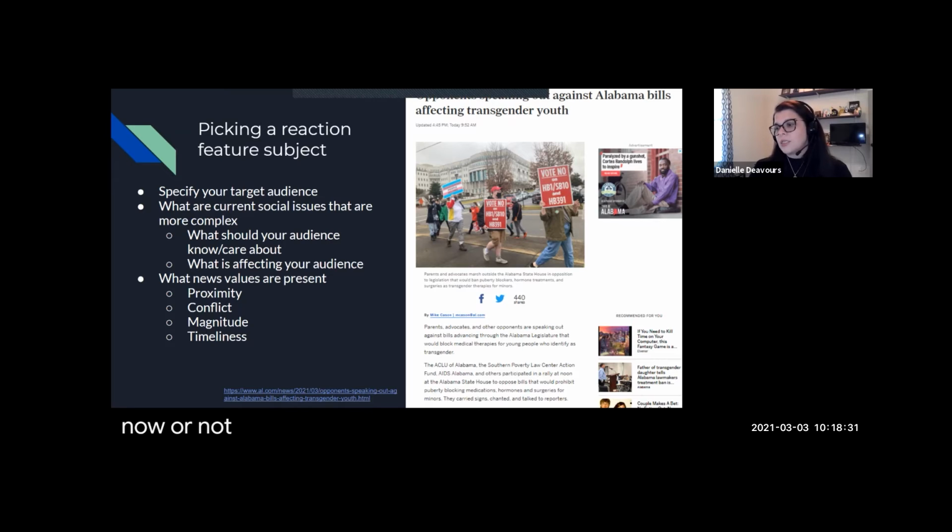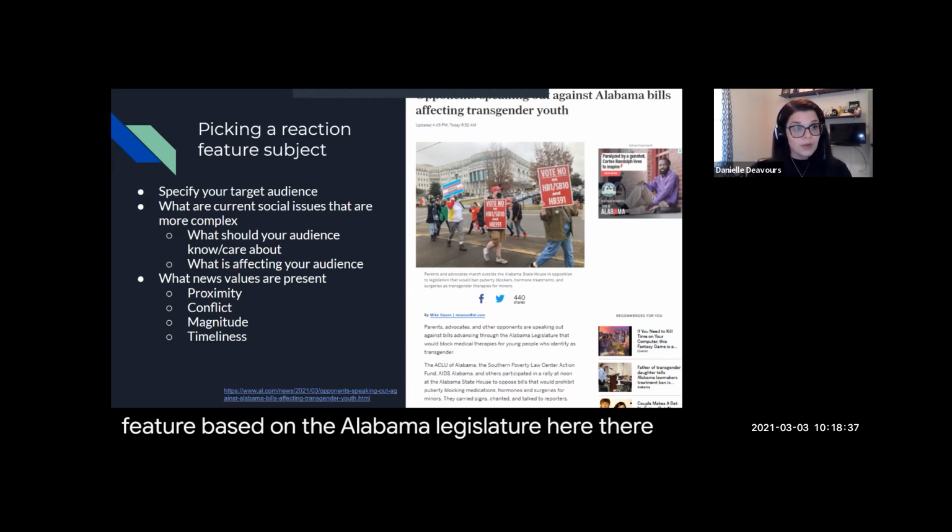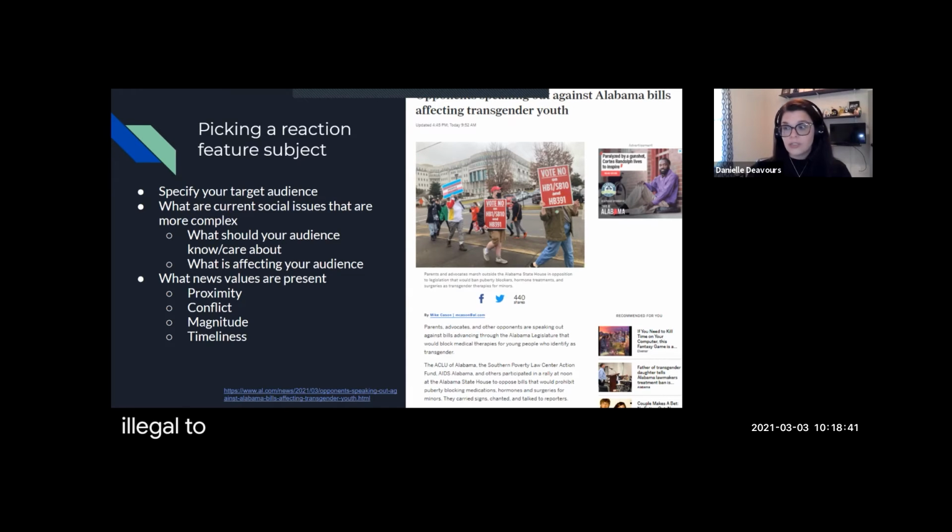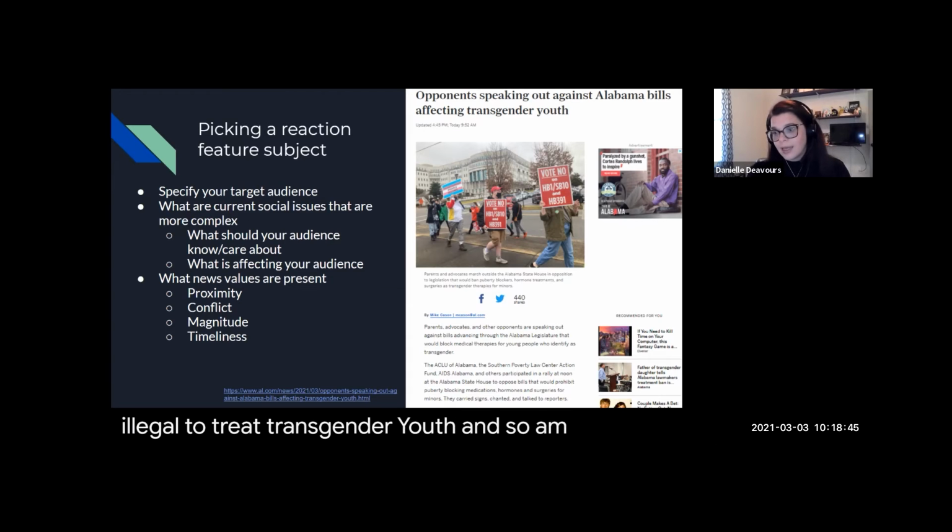So you can see an example of the reaction feature based on the Alabama legislature here. There are bills in front of our legislature that would make it illegal to treat transgender youth. And so AL.com has created a story that speaks to advocates for transgender youth and also presents the facts from legislators about why they have proposed this legislation and what the issues are there as well.